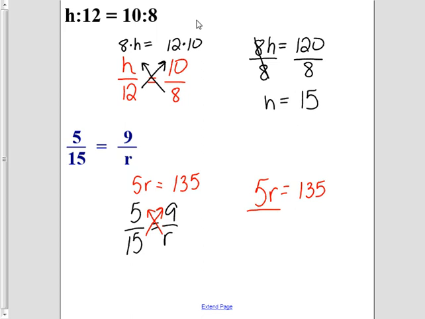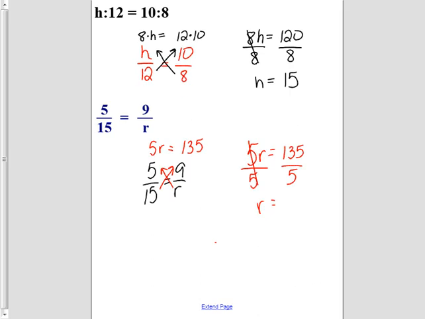So I'm going to need to divide by 5 on both sides of the equation. And if you need to, it's absolutely okay to work out your division. 135 divided by 5 is going to give us 27. And that's, again, perfectly okay to do. So in this case, a ratio of 5 to 15 is equal to a ratio of 9 to 27.